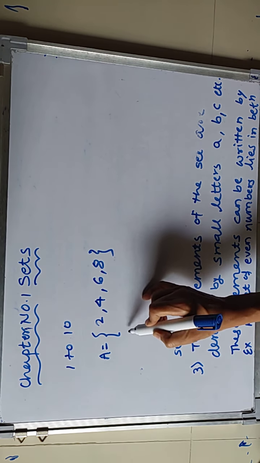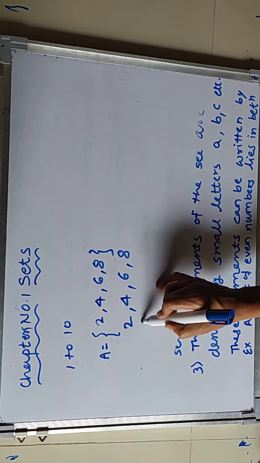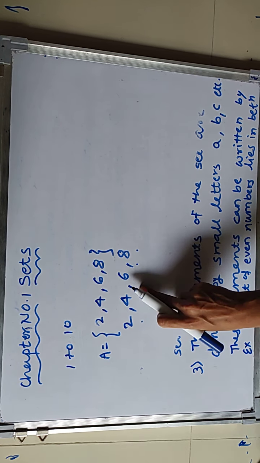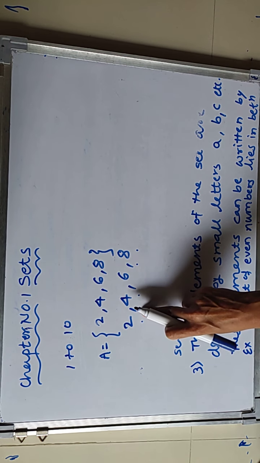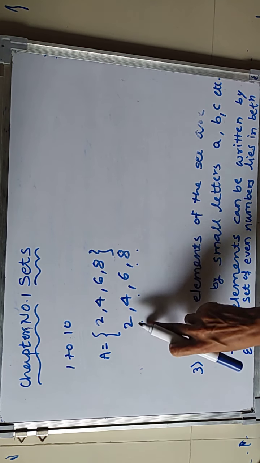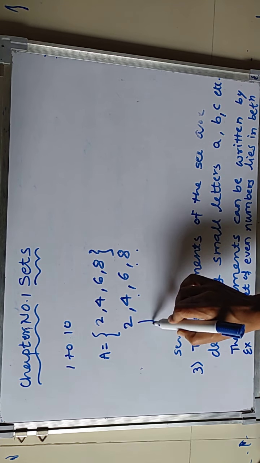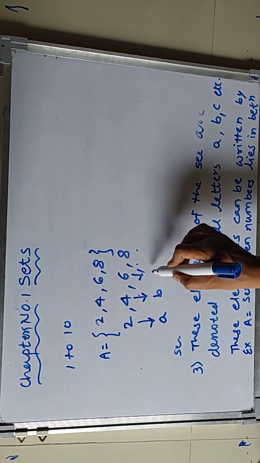Here 2, 4, 6, 8 are said to be elements or objects. And in between two elements, you have to give commas. These elements can be represented as small a, small b, small c.